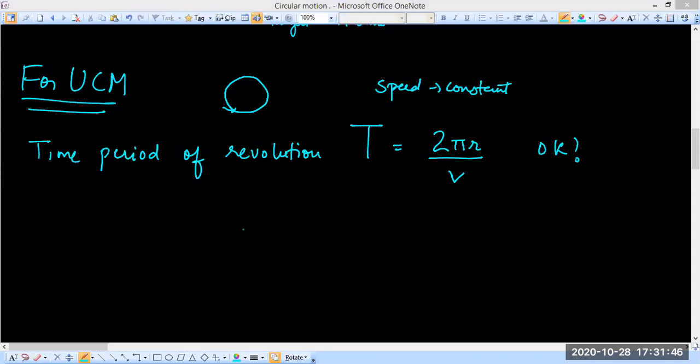Right. So this is called time period of revolution. Means in how much time it will complete one circle, right?